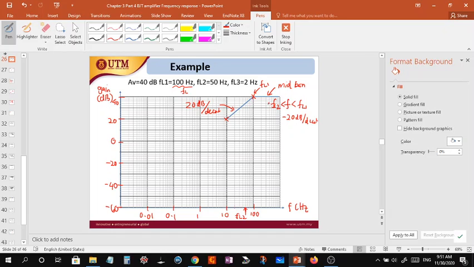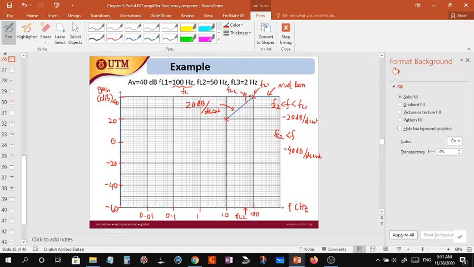This 20 dB per decade is only until FL2. So FL2 is this. Below FL2, the roll off is increased to double, which is minus 40 dB per decade.